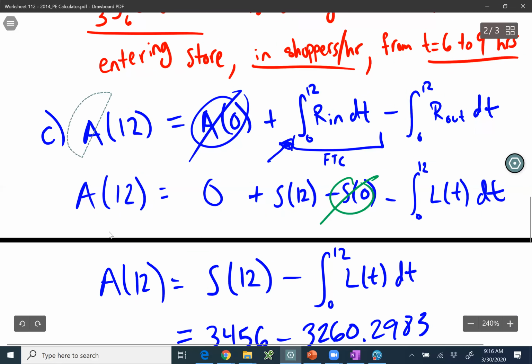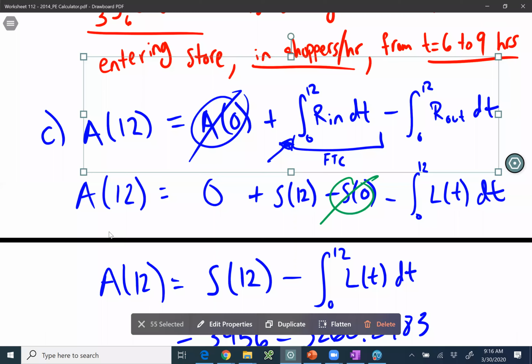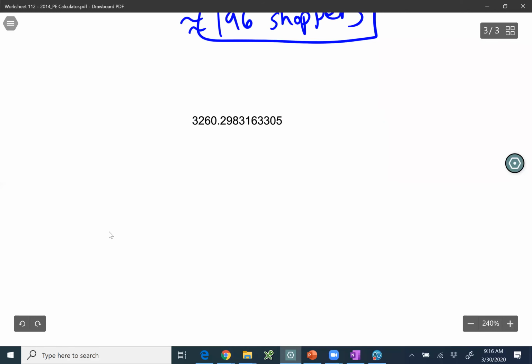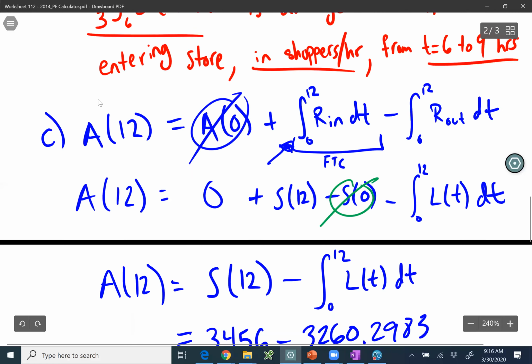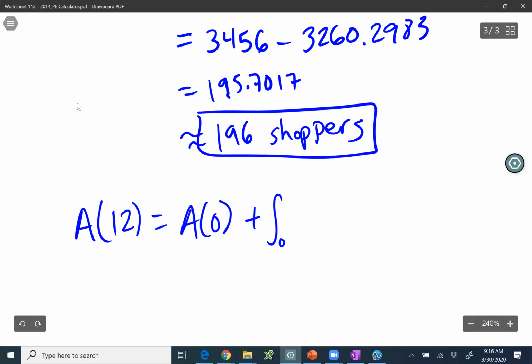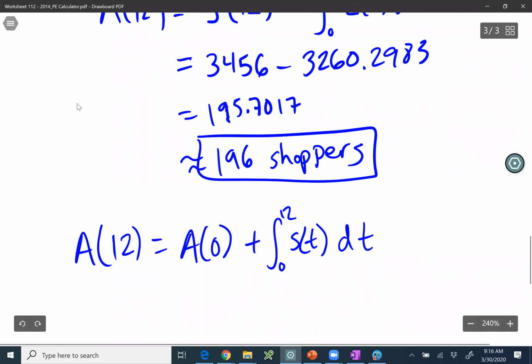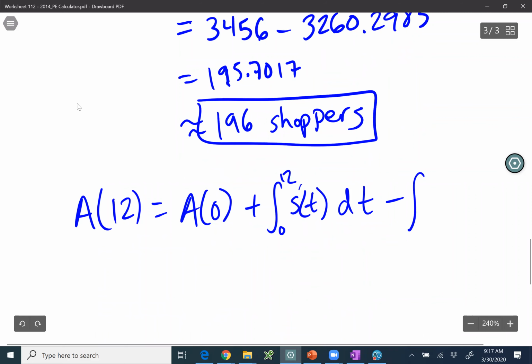So that A of 12 equals A of 0 plus the integral from 0 to 12 of S prime of t dt minus the integral from 0 to 12 of L of t dt.